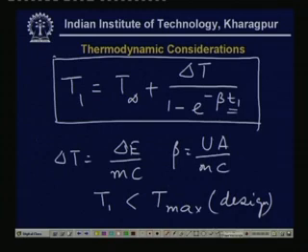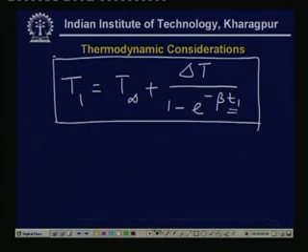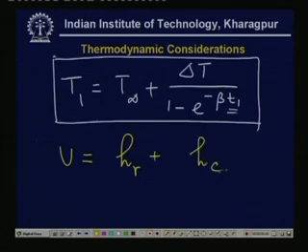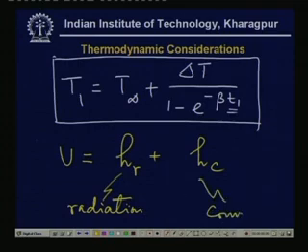Now, the heat transfer coefficient, it could be written as U having two factors, one is the radiation factor. Now, the heat may be radiated or it may be convective. So, this is the coefficient of radiative heat transfer, and this is convection.